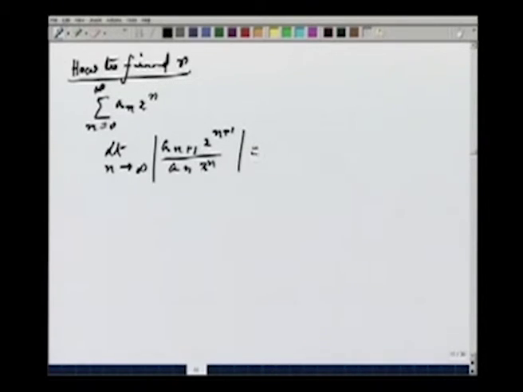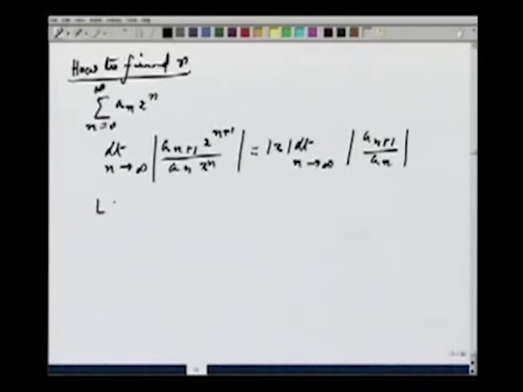So this is modulus of x times limit n going to infinity, modulus of a n plus 1 divided by a n. I said in most of the cases it will work. What I meant is that all these a n's are non-zero, because if there are infinitely many n's for which a n's are 0, then it would be a bit difficult to apply this test.